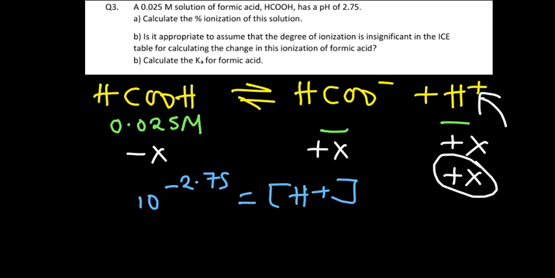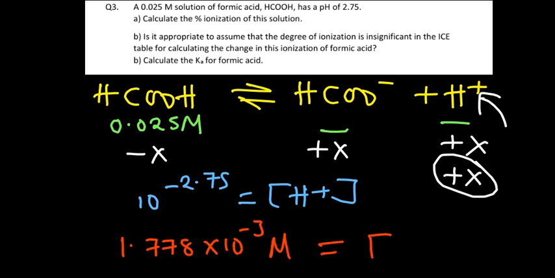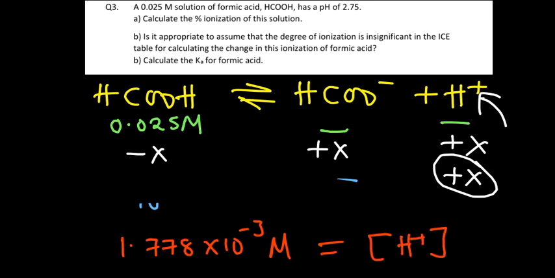What value am I getting? 1.778 times 10 to the power negative 3. That's the concentration of the hydronium ion, or the value of x in this case.